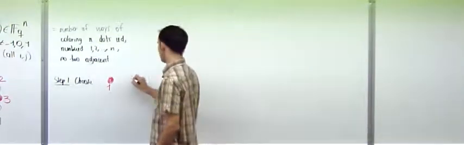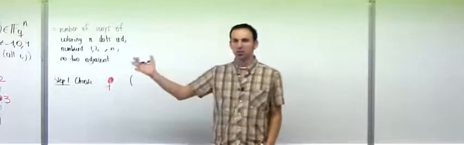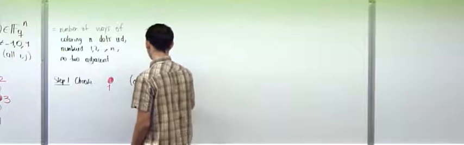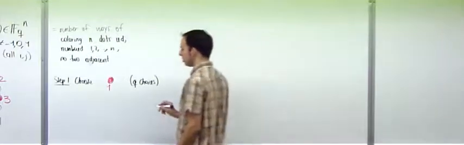So how many possibilities are there for that choice? Well, there could be any dot, right? So there's q possibilities. Okay. Step 2.